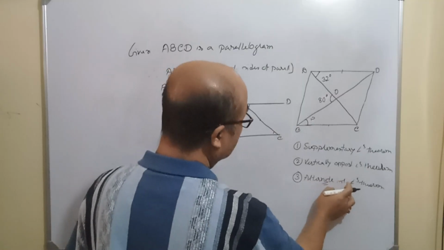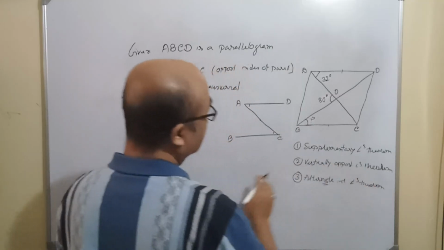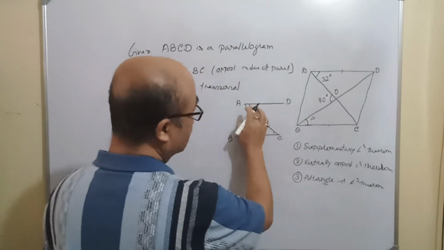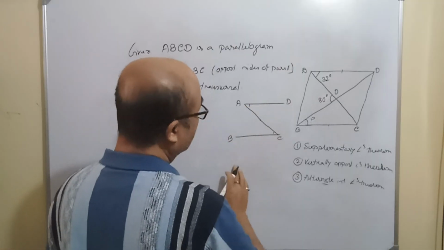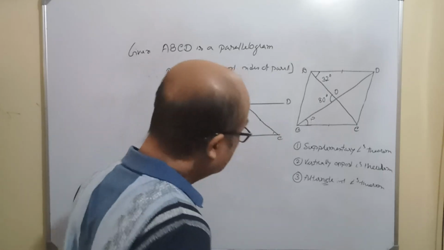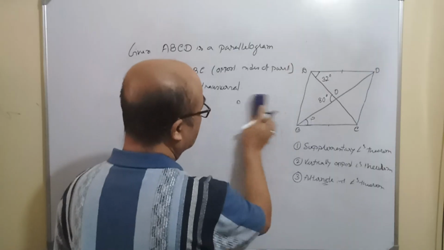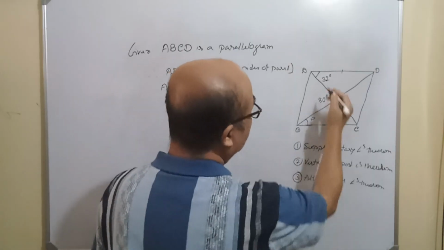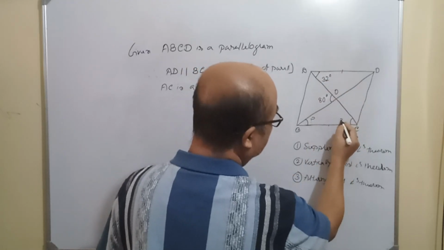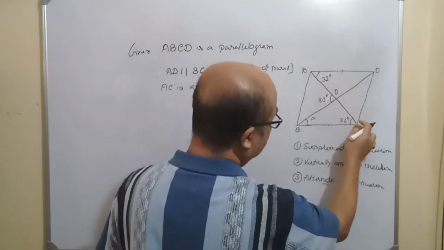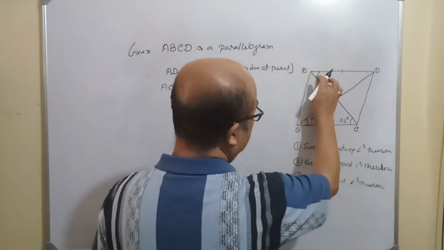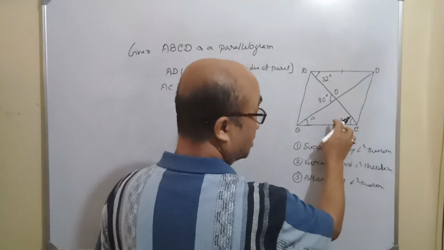Alternate angles on a transversal are equal. Hence, if this is 32, this is also 32.